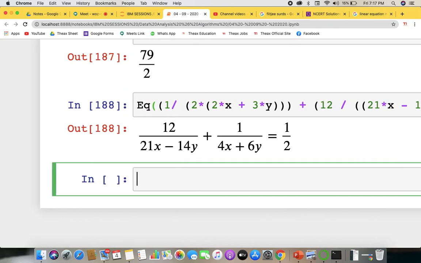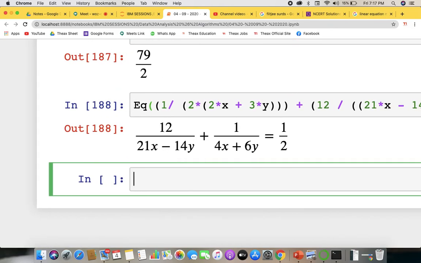This is the equation: 12 by 21x minus 14y plus 1 by 4x plus 6y equals 1 by 2. What is the value of x and y?